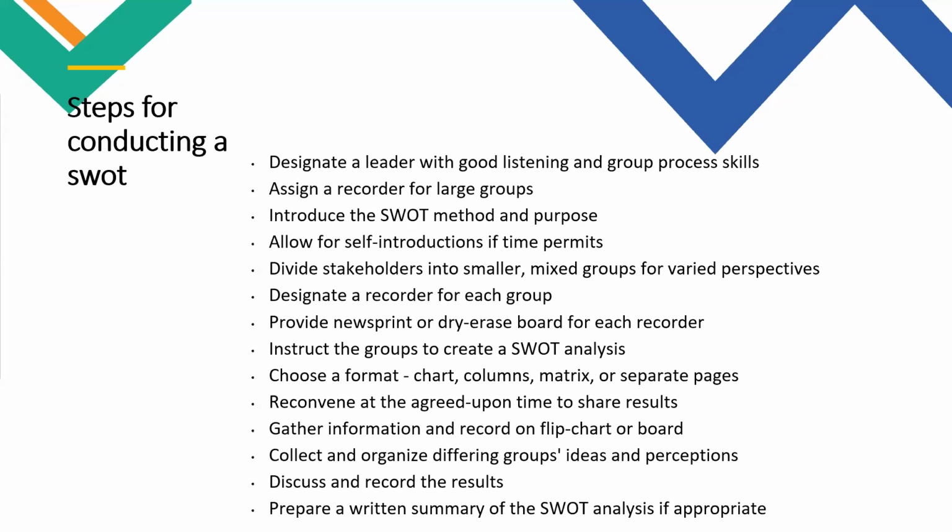Have each group designate a recorder, and then provide each with a large dry erase whiteboard. Then direct them to create a SWOT analysis in the form that you choose: chart, columns, matrix, or even a page for each quality. Reconvene the group at the agreed upon time to share results.